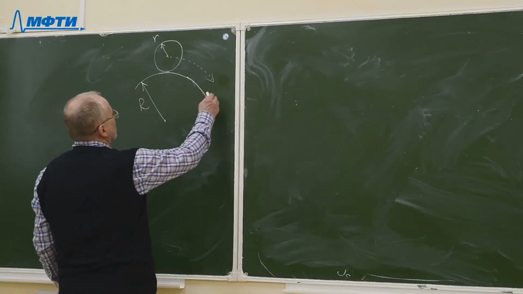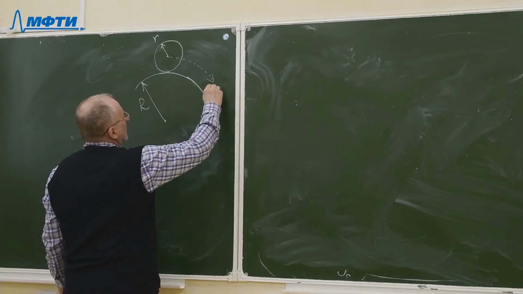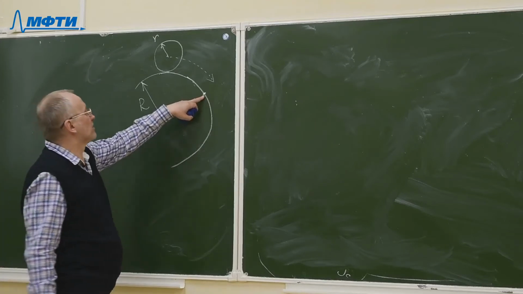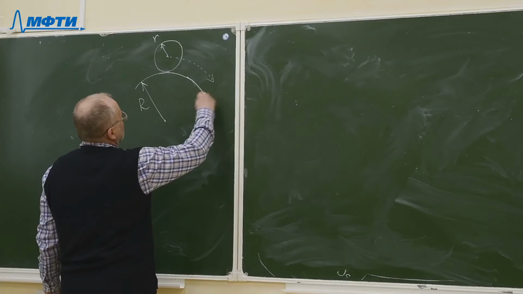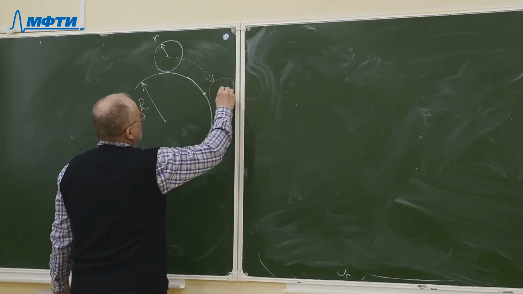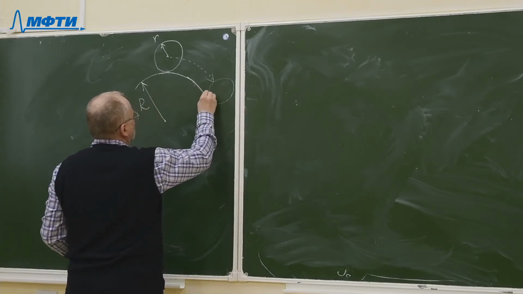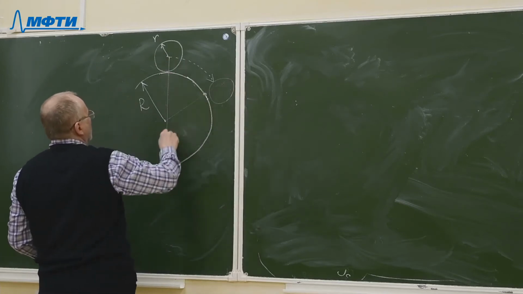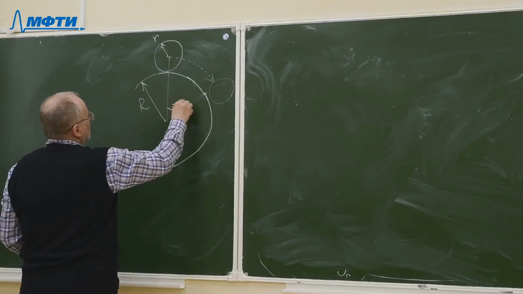And we have to find the point at which the sphere will lose contact with the cylindrical surface. The sphere will be disconnected at some particular point. And we have to find this angle, let it be angle alpha.